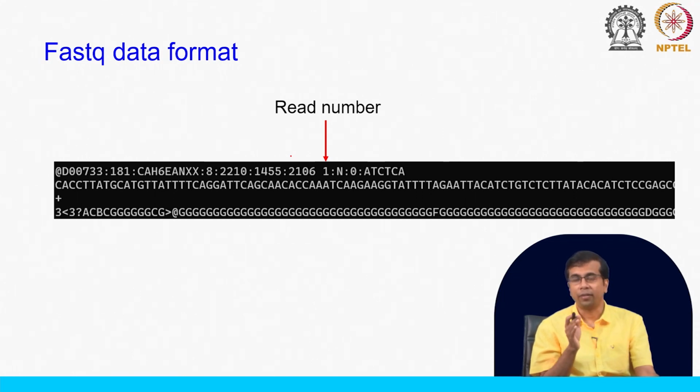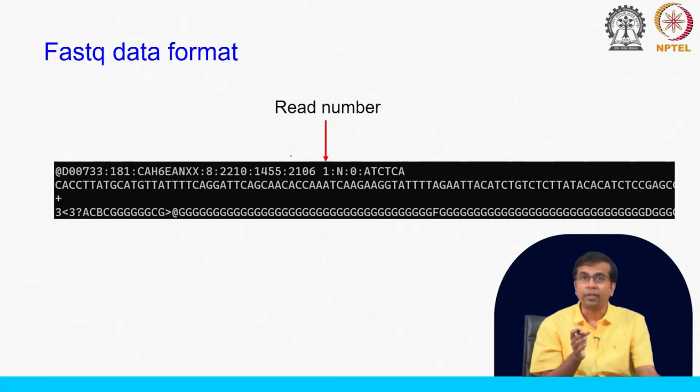If it is 1, it could be coming from single end sequencing data, where we sequence DNA fragments from one end only, and the read number will be given as 1. But in the case of paired end sequencing, where we sequence from both ends, read number 1 would mean this is read 1, only one of the pair.